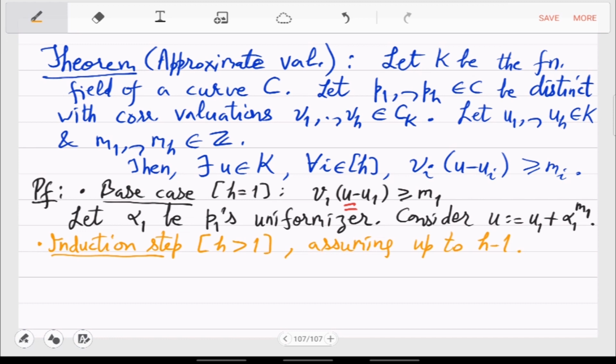So now we are in the induction step, and here I can prove a claim. Actually many claims.